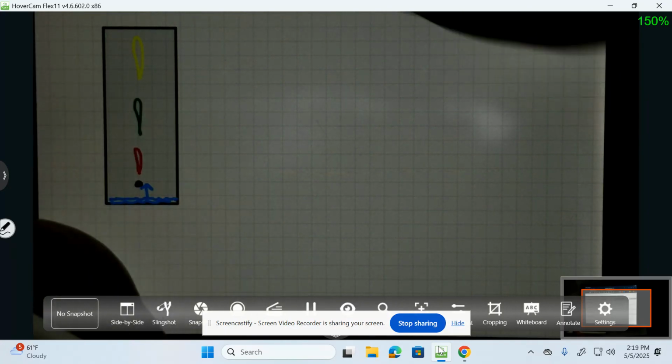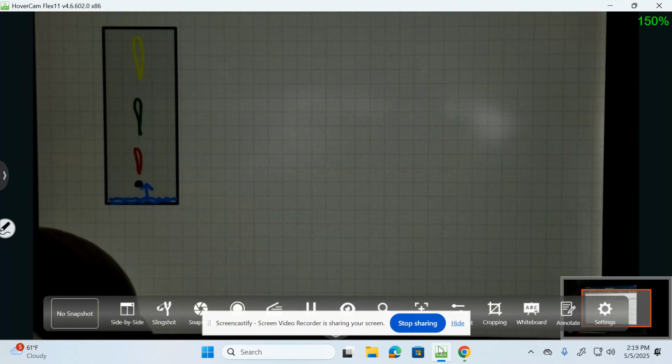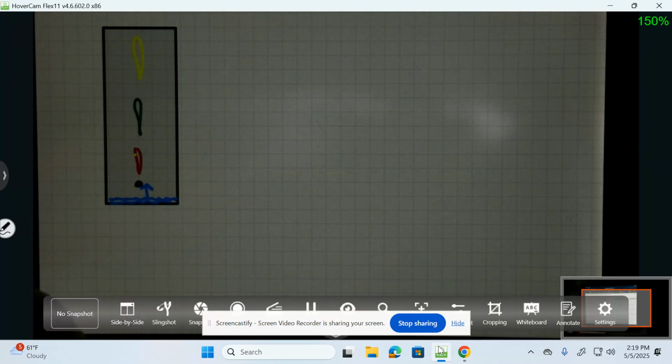The smallest particles are going to travel the furthest, and the bigger ones are going to stay down here.